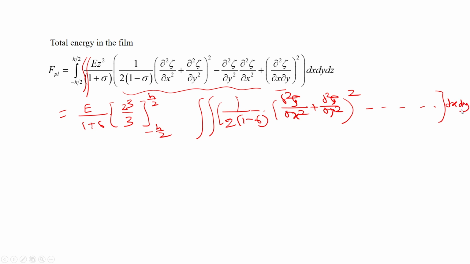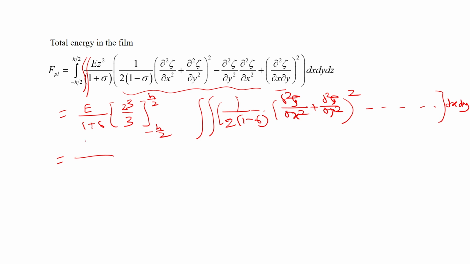So, we have to integrate with respect to the area, the surface area basically. So, over here this quantity is h cube by 8 plus h cube by 8, so it will come out to be h cube by 4.